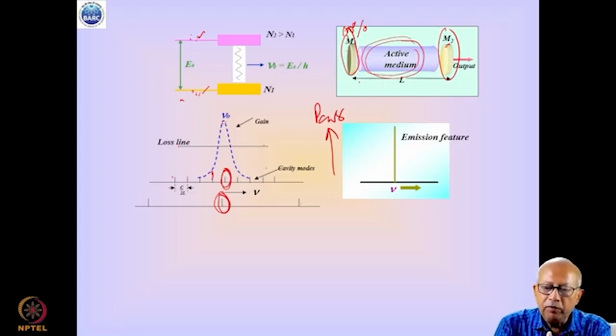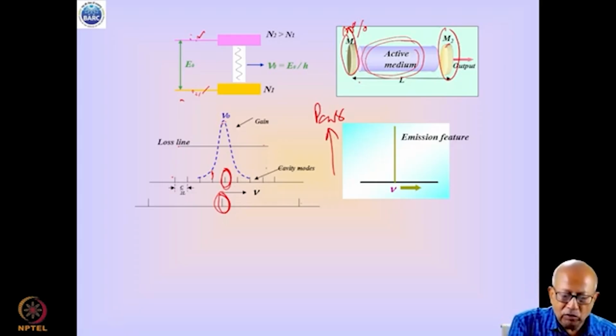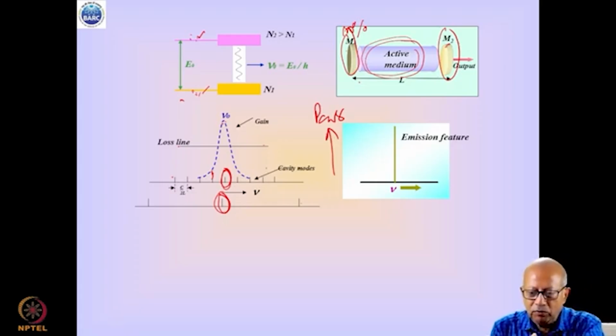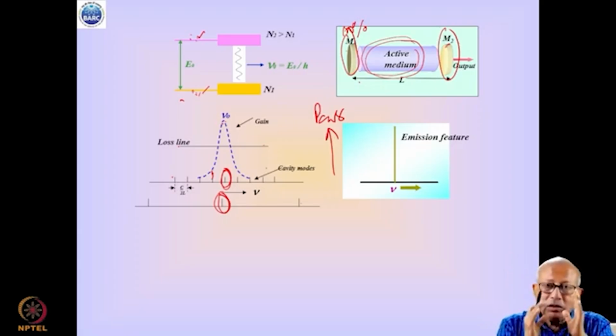Or we have reduced the cavity length so much that modes are so widely spaced that once again only one cavity mode has net gain, and therefore lasing is once again restricted to a single mode. But in both these techniques, the monochromaticity has been attained at the expense of the operating performance of the laser. I will explain to you how.